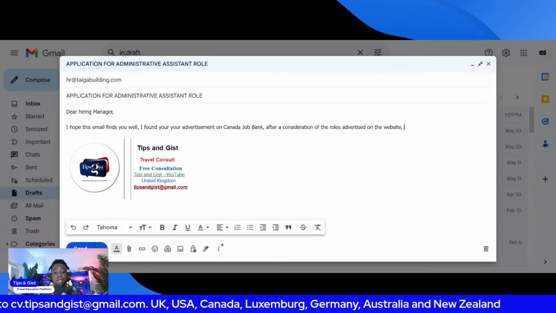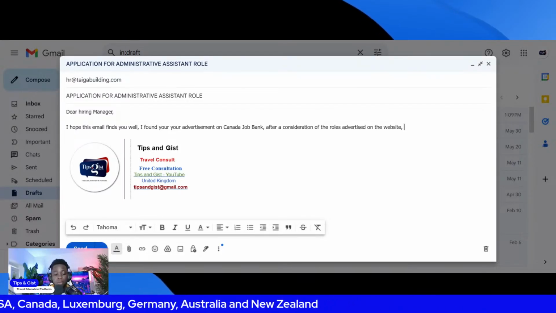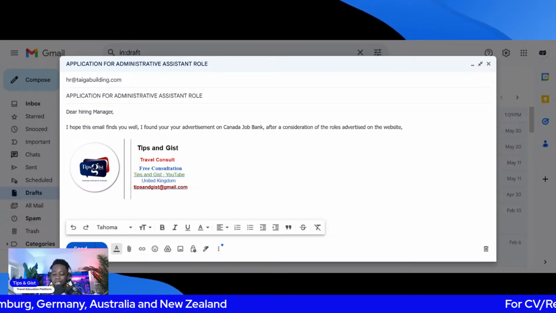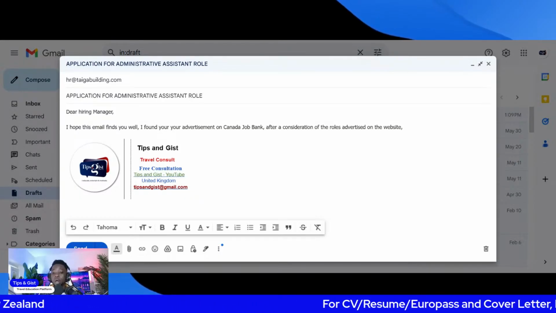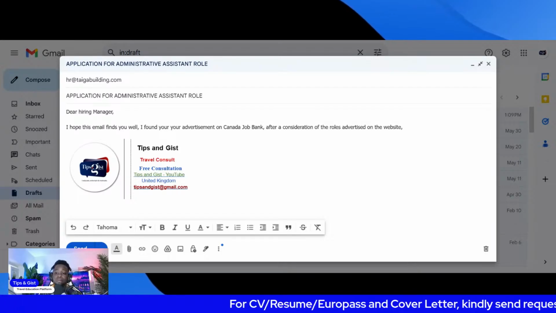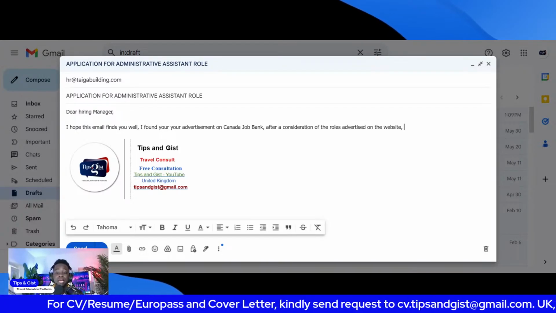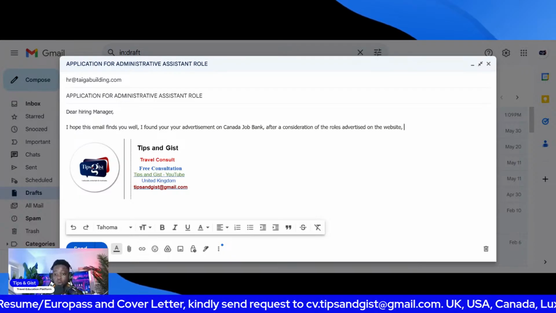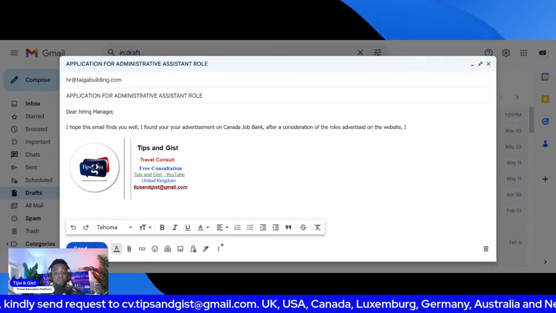So after a careful consideration of the roles advertised on the website, I am confident in my ability to contribute positively and support your company. Or I think I can contribute, or I strongly believe I can contribute a lot to your company. So anything you can write over there, okay? You don't have to force yourself.